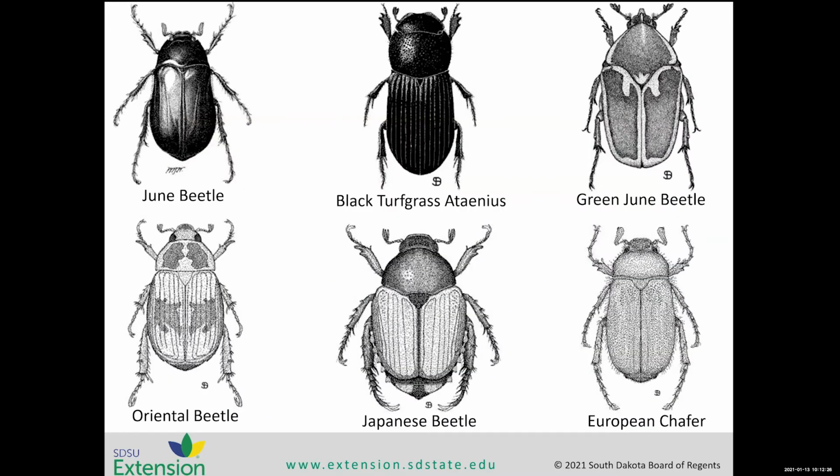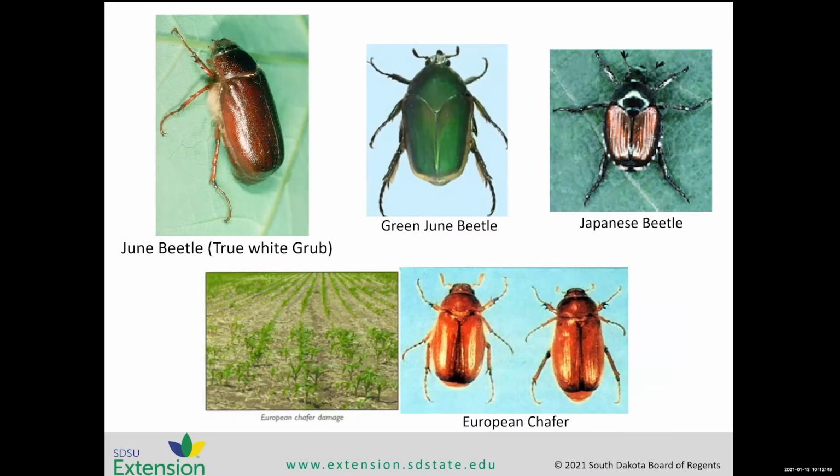I said around here it's loosely the June beetle, but there are multiple different species of beetles whose larval form is a white grub. Some others other than June beetle are black turfgrass ataenius, green June beetle, Oriental beetle, Japanese beetle, and European chafer. Again, you really don't have to worry about them too much. It's typically just the June beetle.